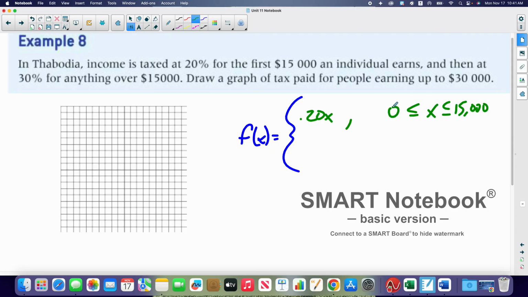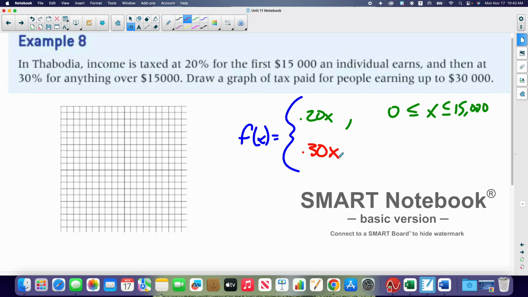And so I'm going to say 0 to 15,000. Yep. Now, what would be the next piece? 30%? You're going to say that right there? No, 15,000 up to, so less than or equal to 30,000.